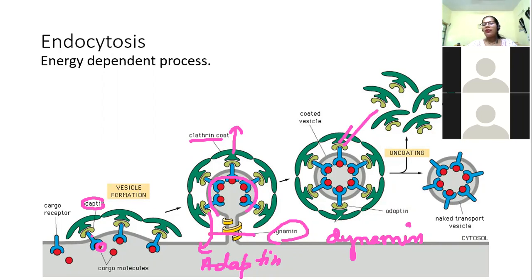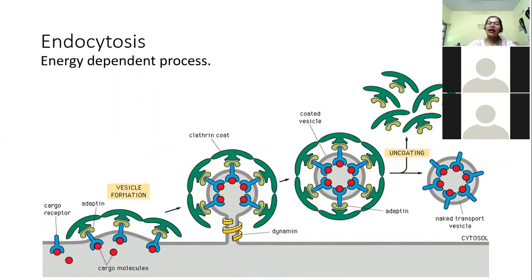After some time, it fuses with the endosome or lysosome, and only the molecules will be taken and the receptor will be recycled back to the plasma membrane. So this is how your endocytosis takes place. Again, this is also an energy dependent process because at each step, ATP hydrolysis is needed.